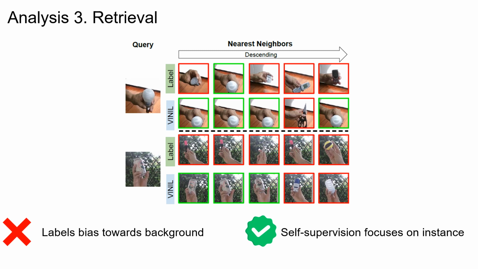And this phenomenon is more evident when we analyze the nearest neighbors here, as the label supervised variant consistently retrieves different instances with the same background, which means the feature space is highly occupied or distracted by the contextual cues. However, as you can see here, self-supervision is able to retrieve the query object instance without being too much confused by the background, which means self-supervision can focus on the instance.